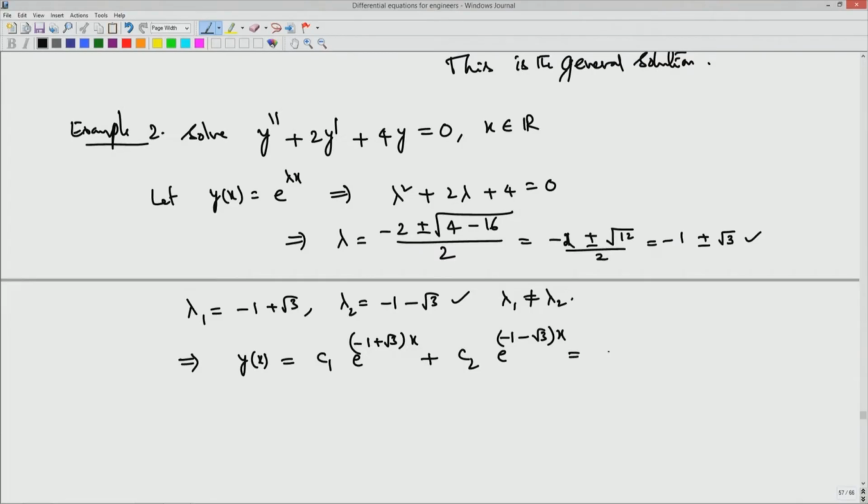So, this is actually equal to, you can take e power minus x common in both terms. So, you have e power minus x times C1 e power root 3x plus C2 e power minus root 3x. So, this is your general solution.